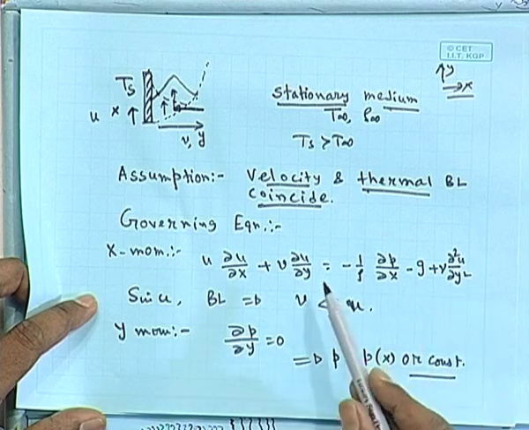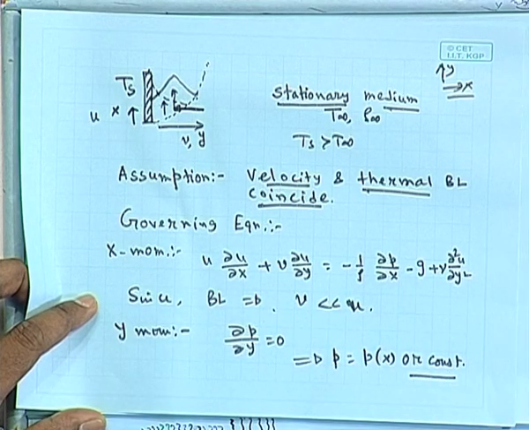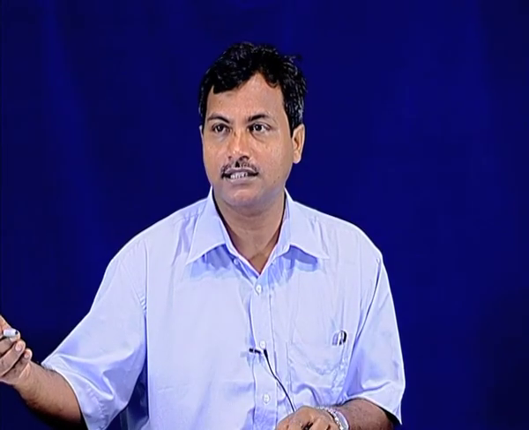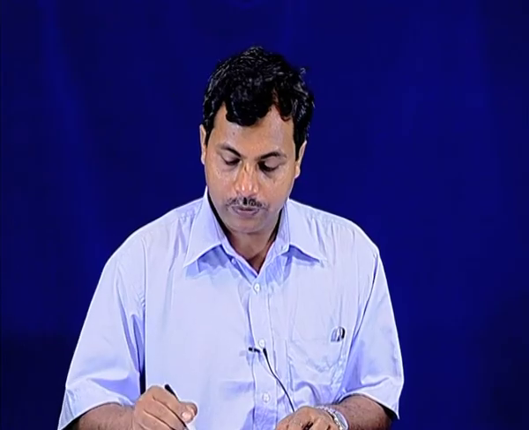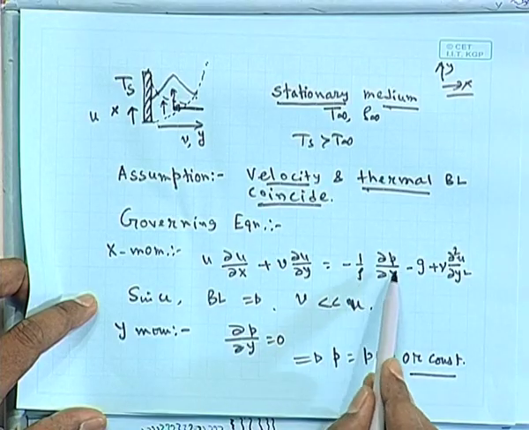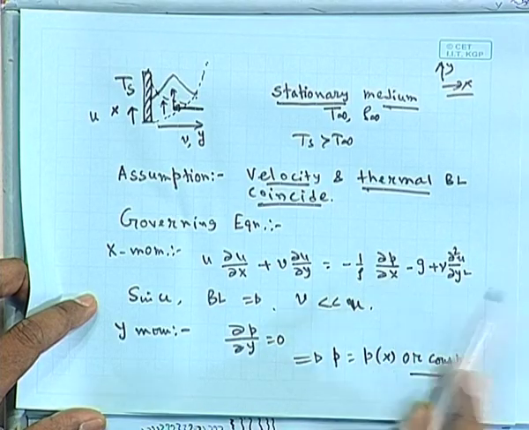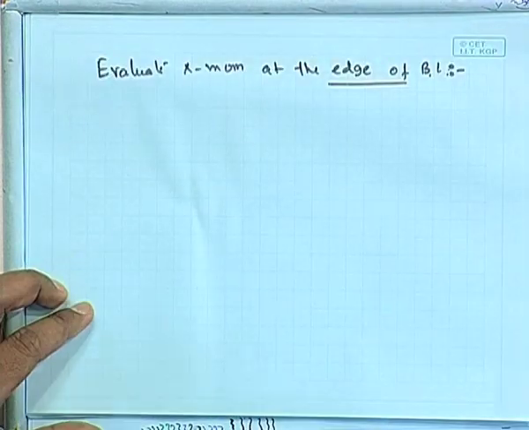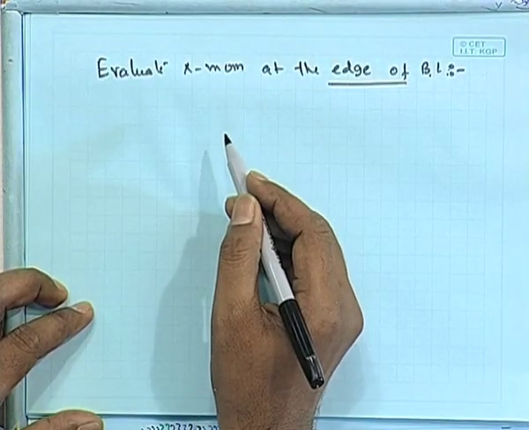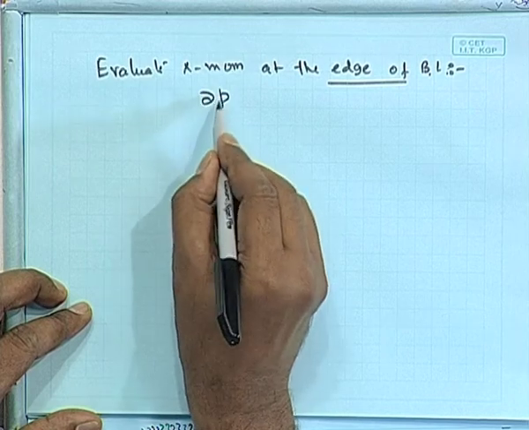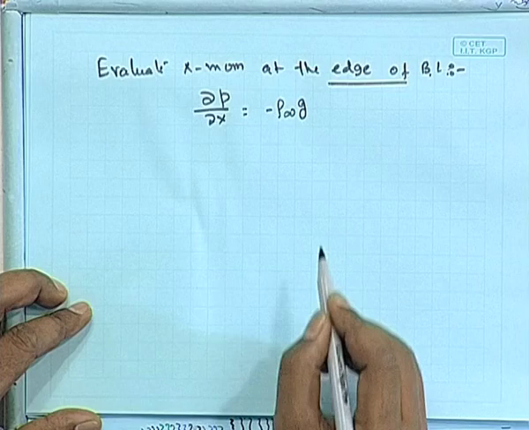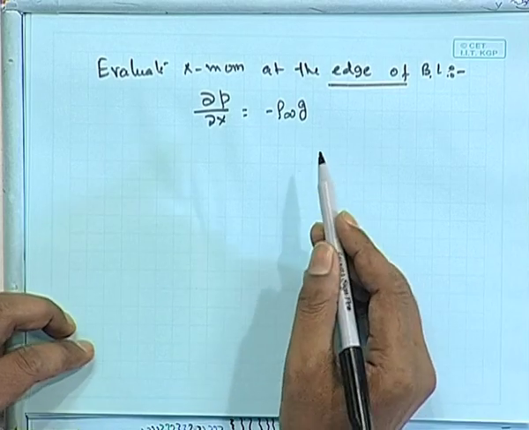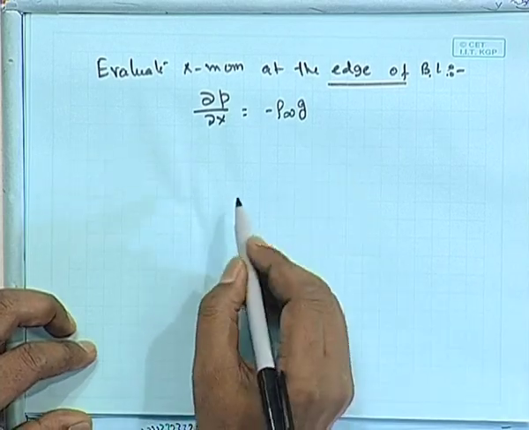U is basically equal to 0, as the surrounding air is in stationary condition. So this term will also be off. So you will be getting 1 by rho infinity del P del x equal to minus g. Rho will be replaced by rho infinity at the edge of the boundary layer, right.